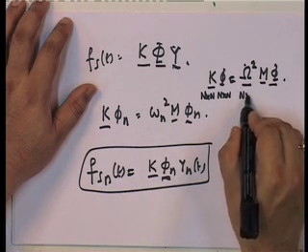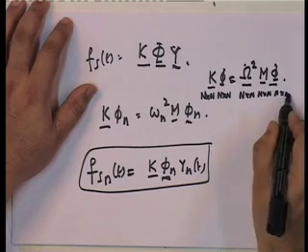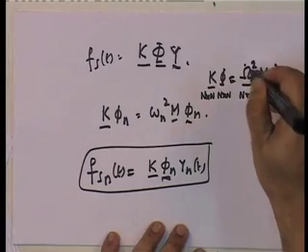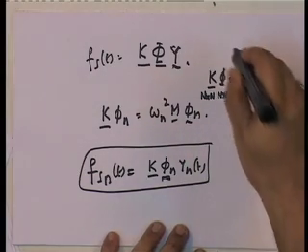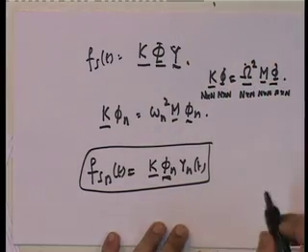Note that this is n by n, this is n by n, and this is n by n, where this is nothing but a diagonal matrix with omega 1 squared, omega 2 squared, omega 3 squared.